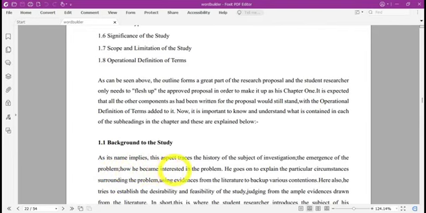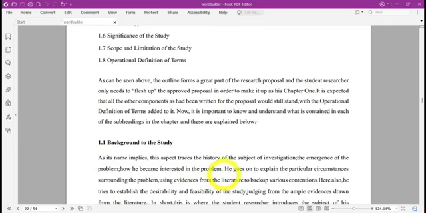How he became interested in the problem, because you must have an interest in something. Oh, these things have been going this way, let me do a research on it so that I'll be able to solve this particular problem. Your interest has to be there. Very important. You have to be interested in the problem before you can go about it if you really want to succeed.